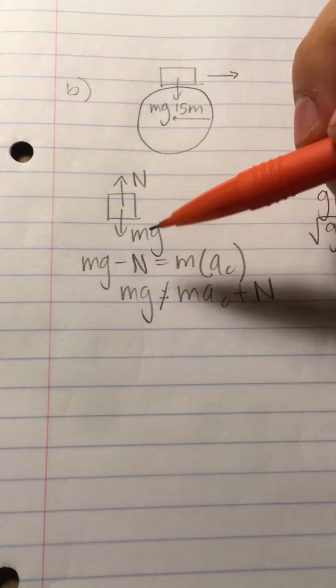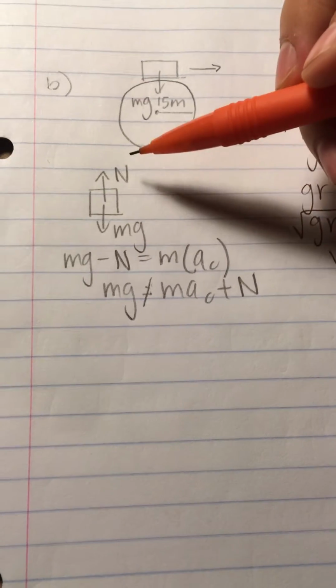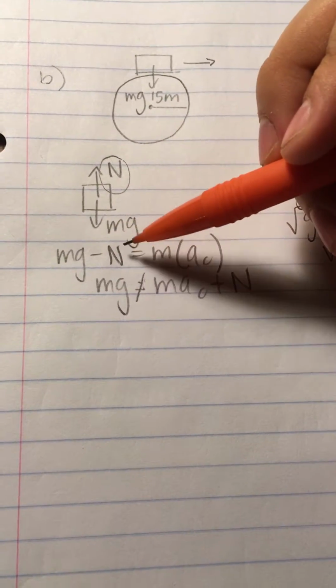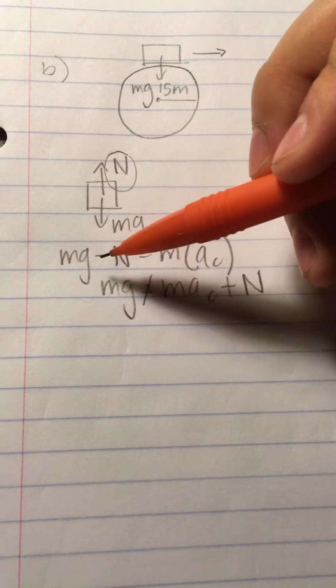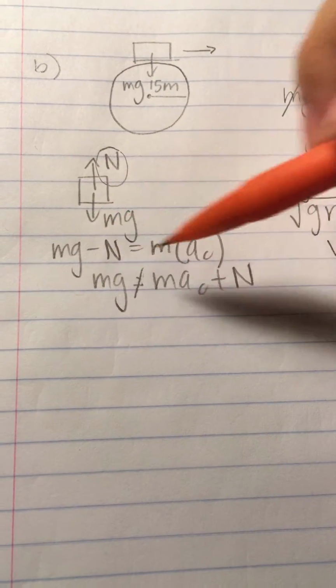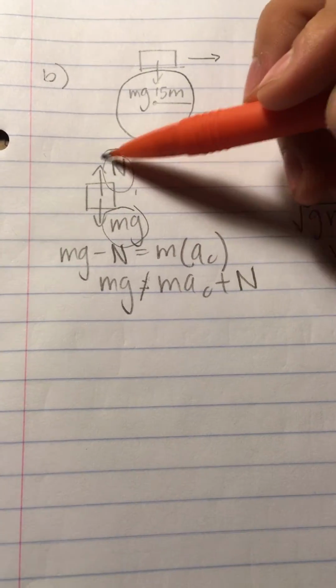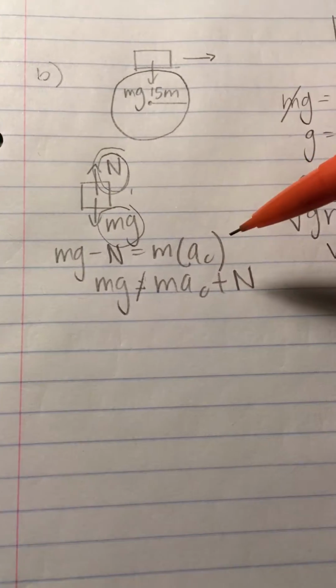If we had any normal force at all, it would be mg minus the normal force, because down is the direction of centripetal acceleration. So we do bigger minus smaller, equals mass times acceleration.